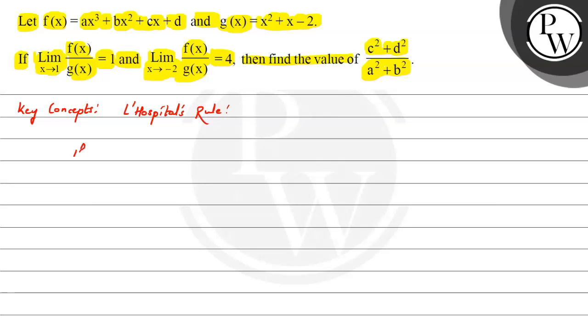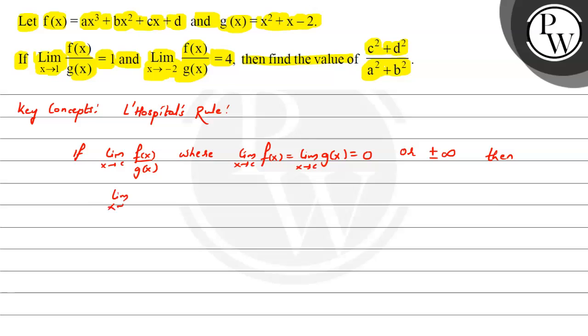L'Hopital's rule says that if we have a limit of the form limit x tends to c, f(x) by g(x), where limit x tends to c f(x) is equal to limit x tends to c g(x) is equal to 0 or plus or minus infinity, then limit x tends to c f(x) by g(x) is equal to limit x tends to c f dash of x divided by g dash of x. Now with this key concept, let's start our solution.